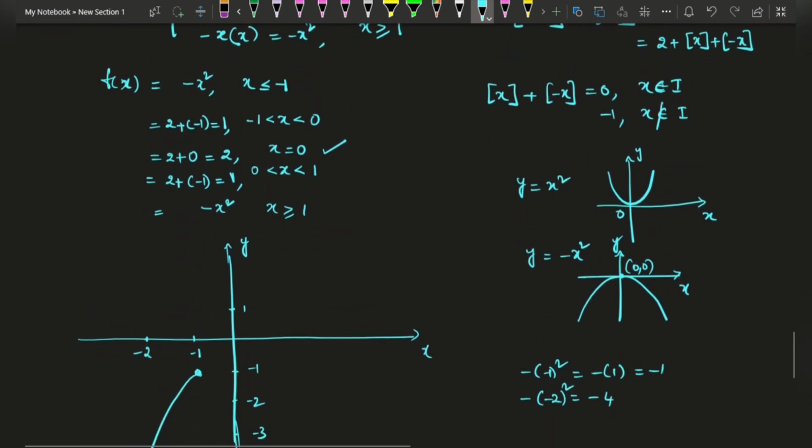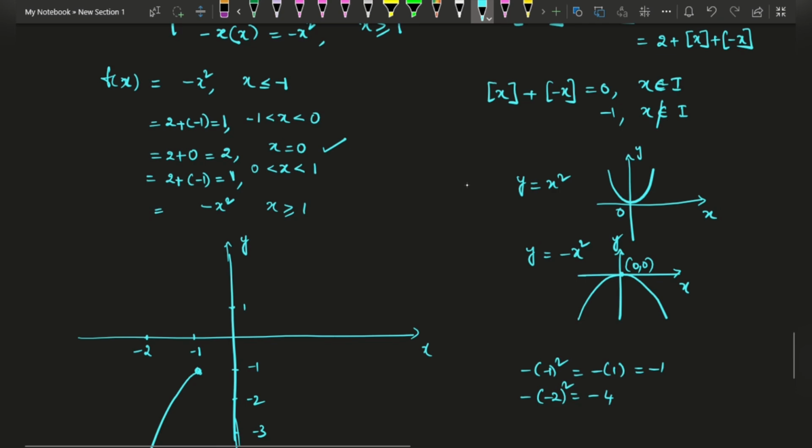Similarly, between minus 1 and 0, it is defined as 1. Similarly, for x is equal to 0, it is defined as 0. Again, between 0 and 1, it is defined as 1.